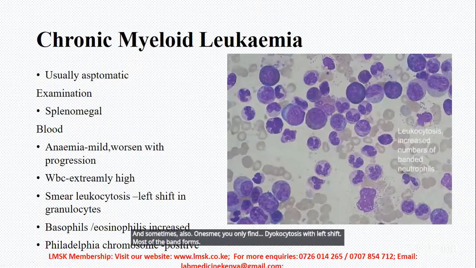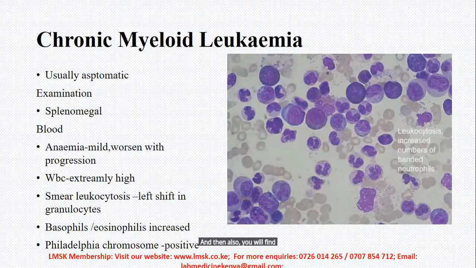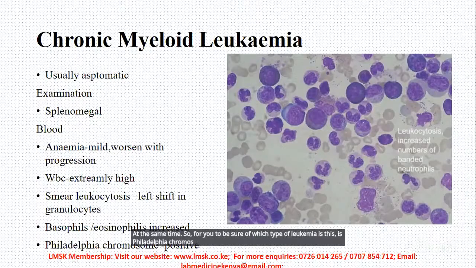And then you will also find neutrophils, eosinophils and basophils at the same time. So for you to be sure of which type of leukemia this is, use the Philadelphia chromosome, which is positive for chronic myelocytic leukemia.